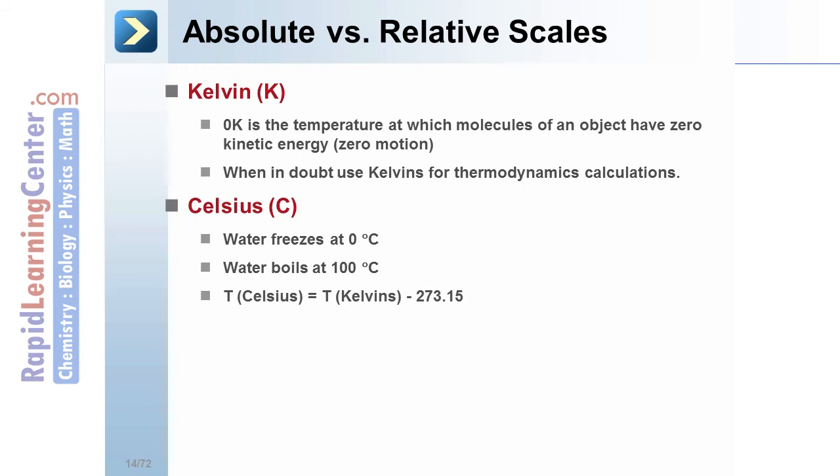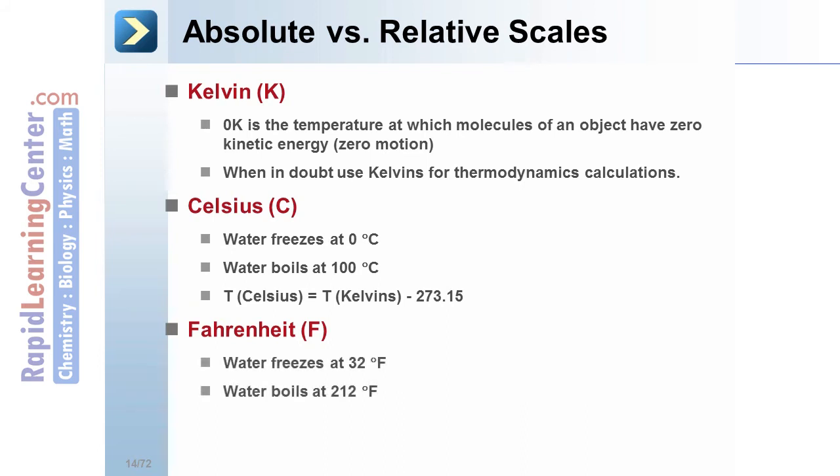To find Celsius, take the Kelvin number and subtract 273.15. For the Fahrenheit scale, water freezes at 32 and boils at 212. To find a Fahrenheit measurement, take 9/5 the Celsius measurement and add 32.